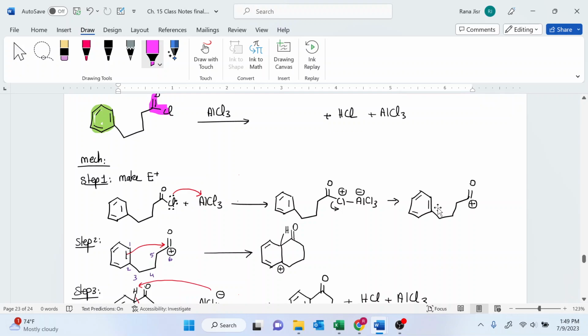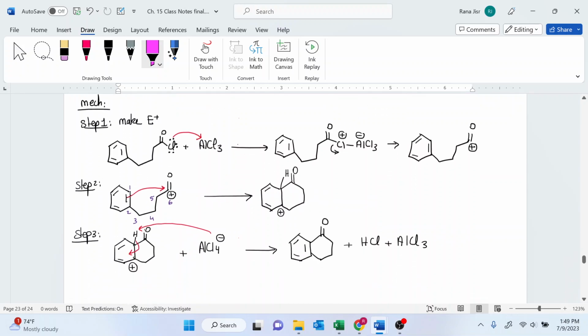So once you have your electrophile, it's going to come and attack the benzene by the two steps that we already know. Double bond is going to open up, pick up your electrophile. For these types of reactions, please number your carbons. It really makes a difference to know, because if I start numbering over here, I would know that I'm going to end up having a cycle of 6 carbons.